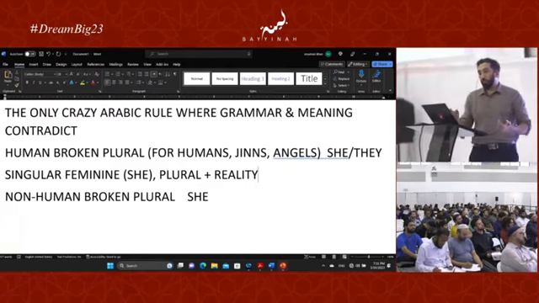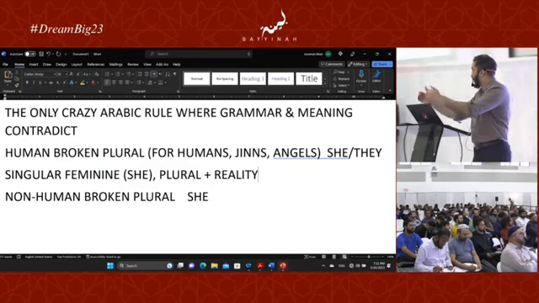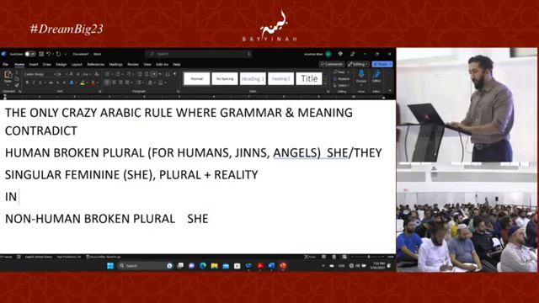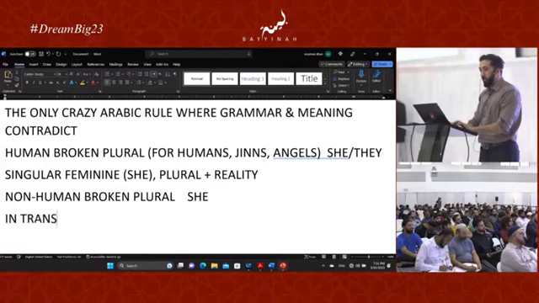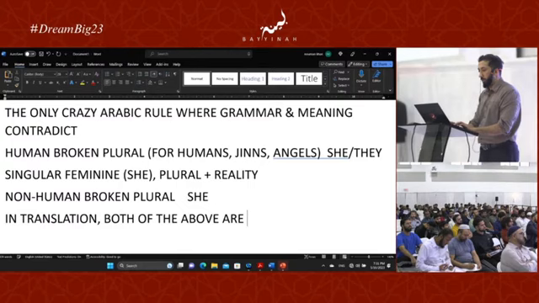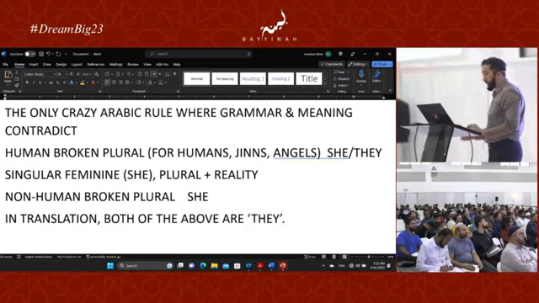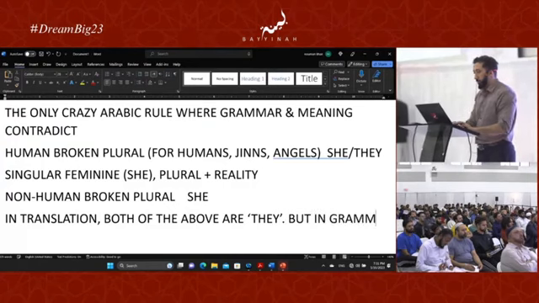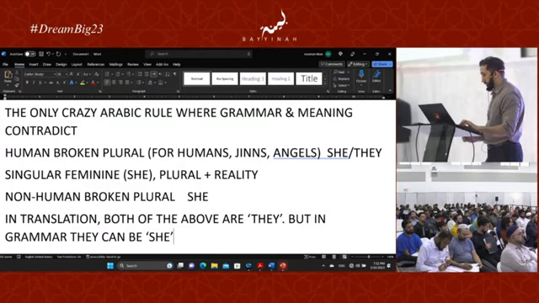The thing is, why did I say that grammar and meaning contradict? Actually, in translation, both of the above are they. But in grammar, they can be she.